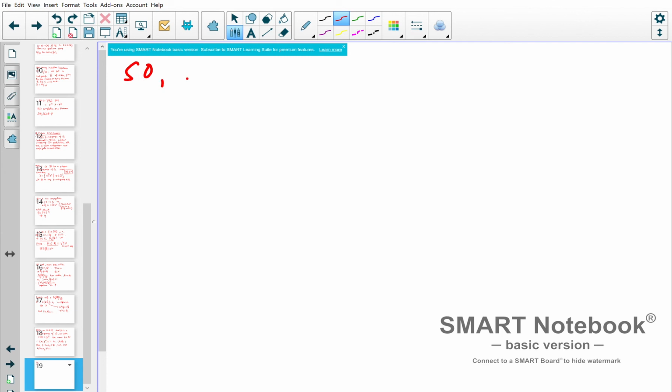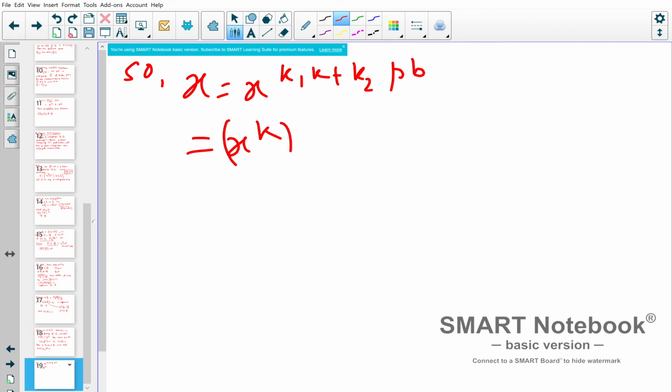So x will be equal to x to the power k1k plus k2 p^b. You can write this as x^k to the power k1 into x^(p^b) to the power k2, right?